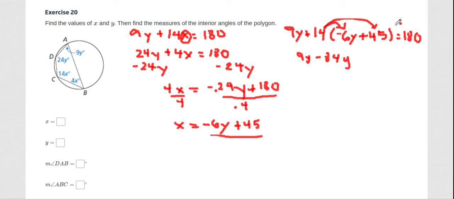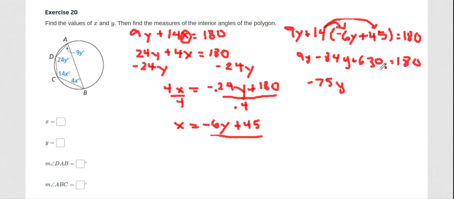And then 14 times 45 is 630. And then the right side is still equal to 180. Now we just add like terms. 9y minus 84y is negative 75y.